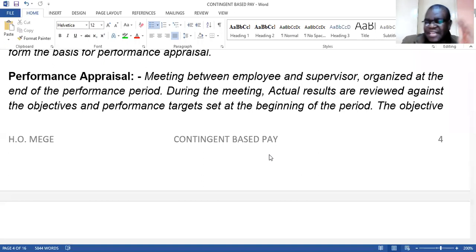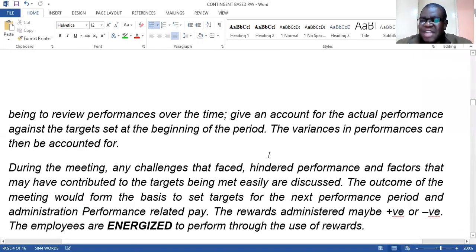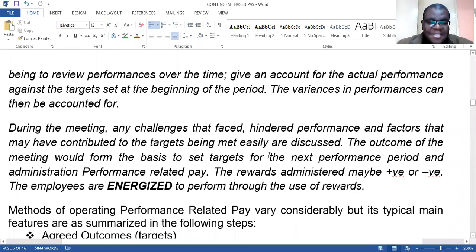This will be a meeting held between the supervisor and the employee at the end of the period, where we'll be reviewing your actual results against the objectives set at the beginning of the period, trying to understand what enabled you to easily meet and surpass your targets, and what hindered you from meeting and surpassing your targets. You want to look at the variances between the actual results attained and the targets intended at the beginning of the period.